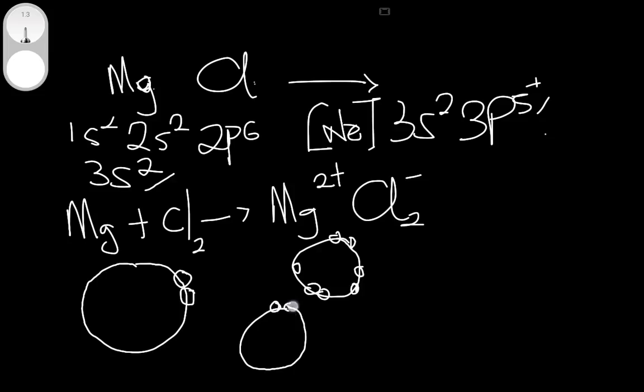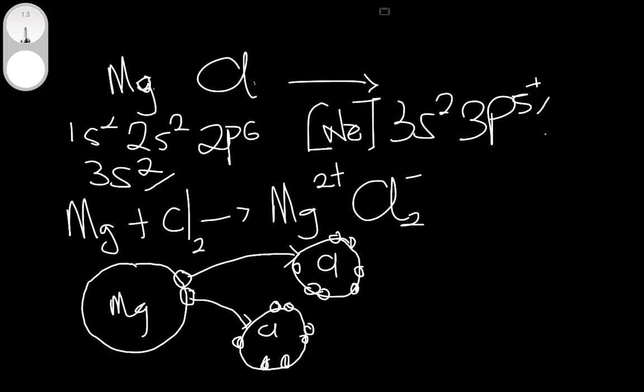Then this one too has the same, 7. So this is our magnesium, and it will give 1 to this chlorine and also give 1 to this one. Okay, it's that simple. All right, I hope you understand this.